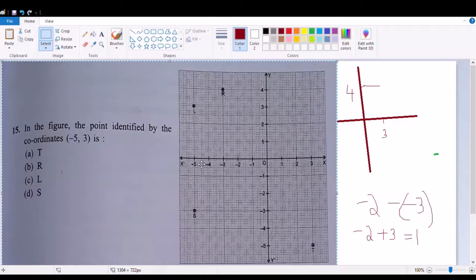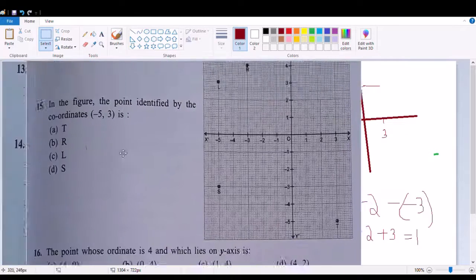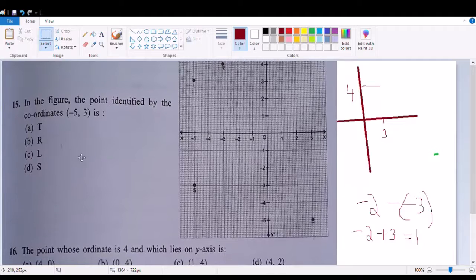Minus 5, 3 means minus 5 lies here. Either it may be S or L, is it? But 3 is positive. That means on this second quadrant. So the answer is what? L. Our answer is L. That means this point is our answer.